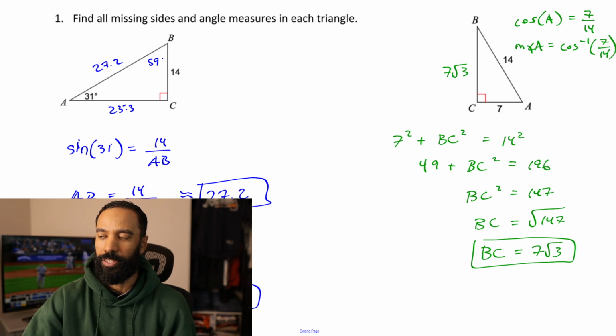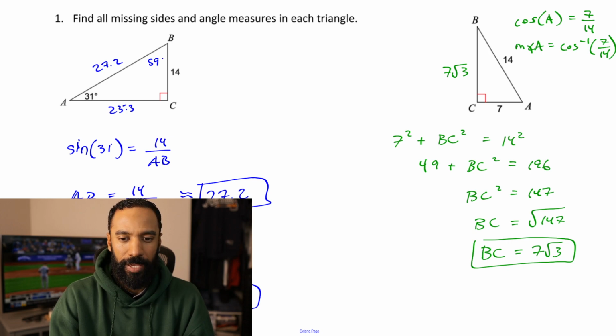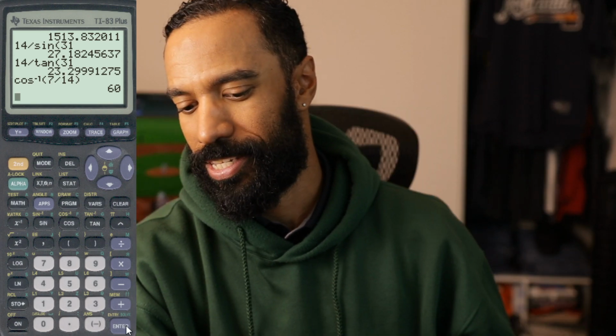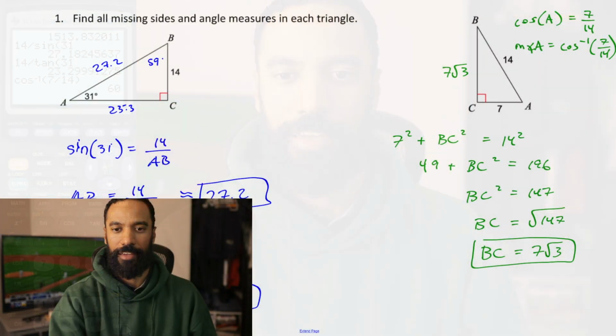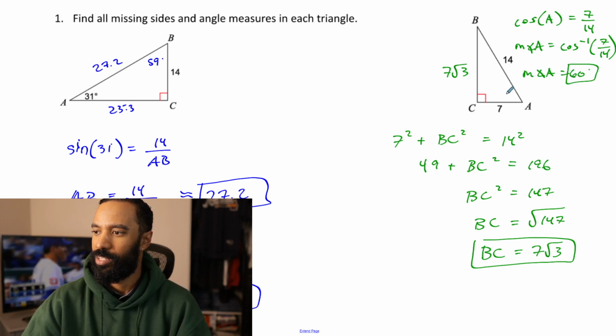This is where the calculator is going to have some fun with you, because the inverse cosine of 7 over 14 is, wait for it, 60. So that's an exact answer there, definitely what we want to see. Measure of angle A is 60 degrees.